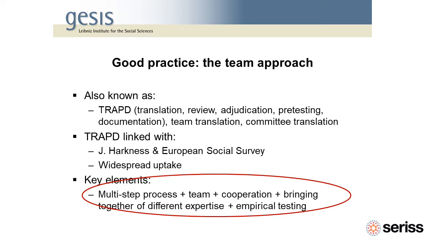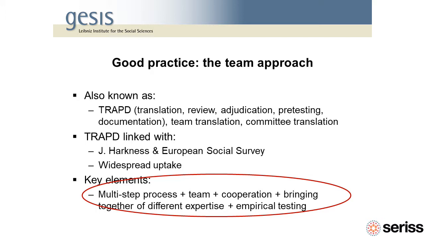So the key elements of this model, TRAPD, or of the team approach, are essentially that this is a multi-step process. So it's not just translation and the translation is done. It's a couple of steps following upon each other to ensure comparability, accuracy and high quality. Another key element is that there's a team working together, that there's cooperation between the different members of staff.